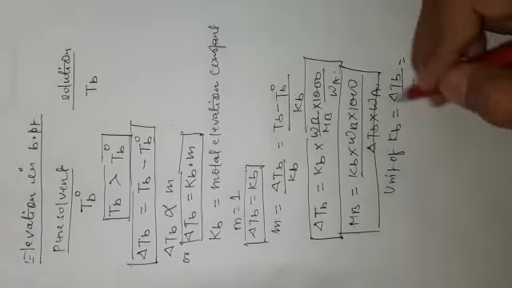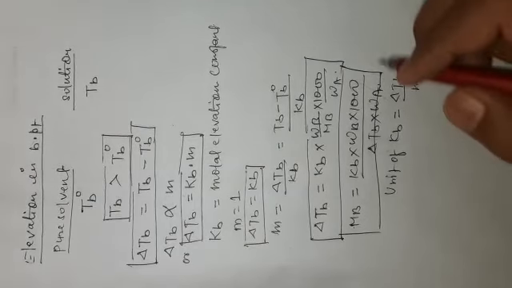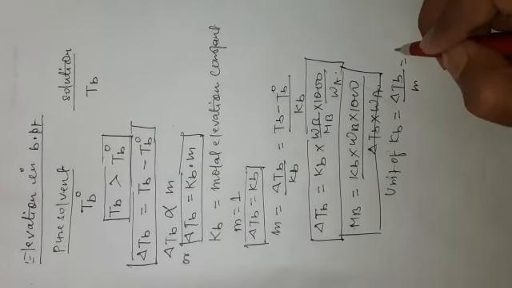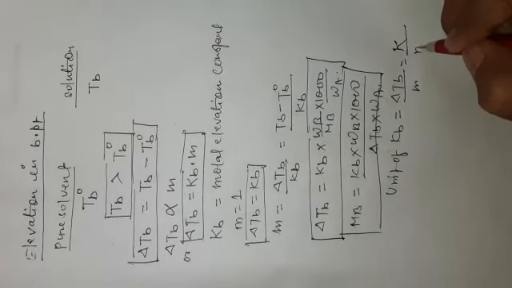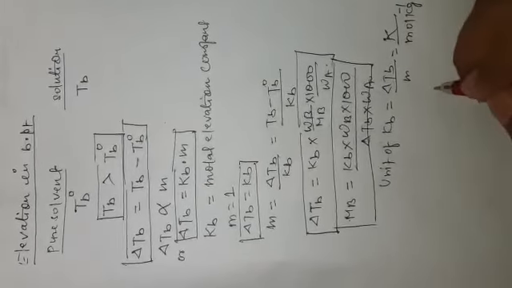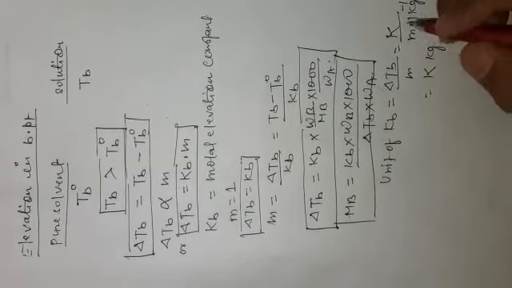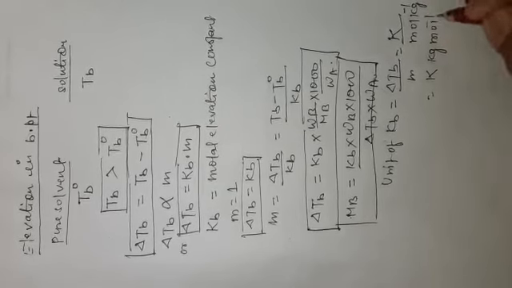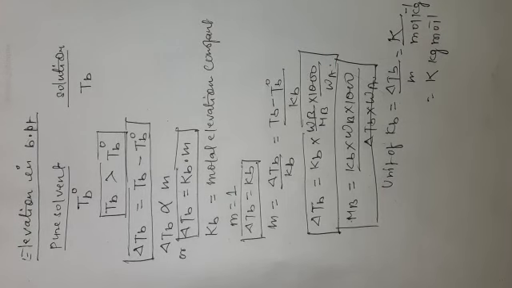Delta TB, it means elevation in boiling point, and boiling point is measured in terms of Kelvin, and molality is mole per kg, that is Kelvin kilogram per mole.